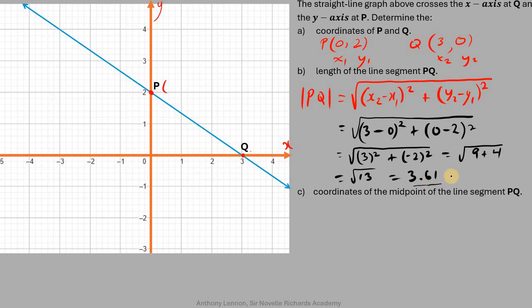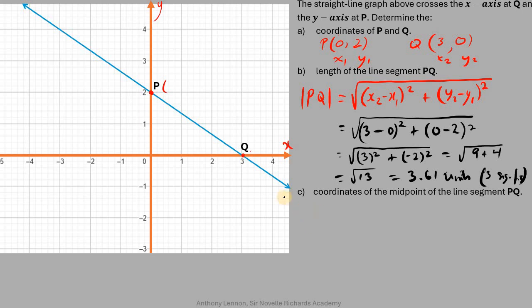So that's 3.61 units. We put units to indicate that it's a measurement of a length, right? Could be centimeters, could be meters. We don't know. So we just simply use the term units here. All right. And that's it. But we can put corrected to 3 sig fig, meaning 3 significant figures.